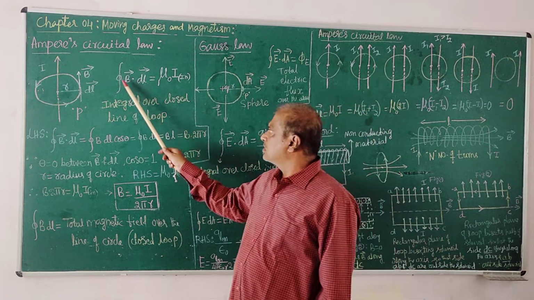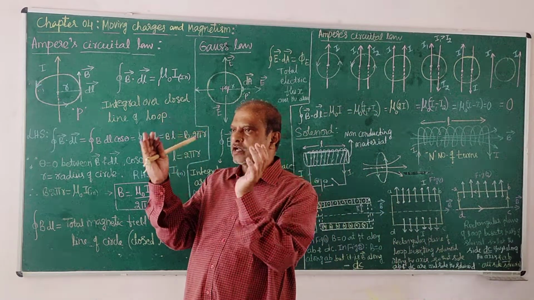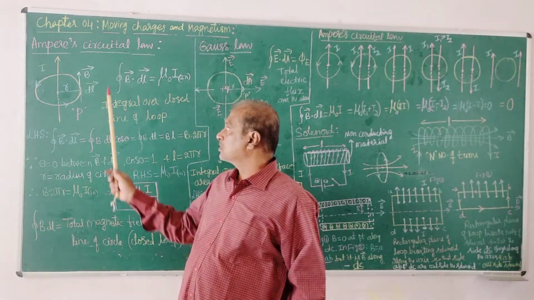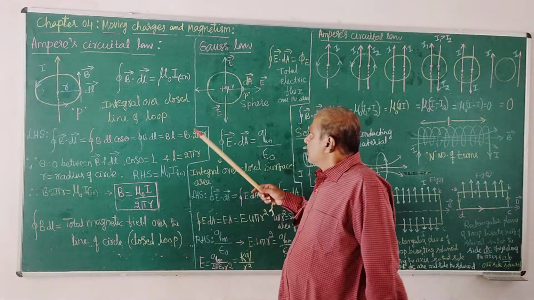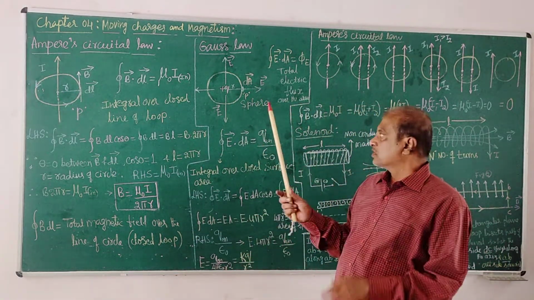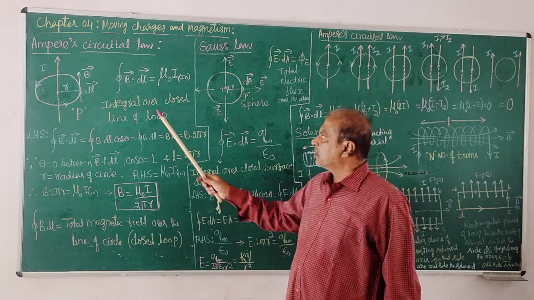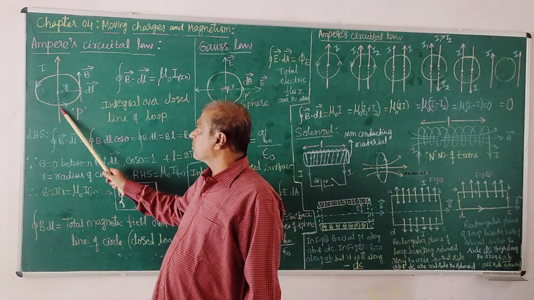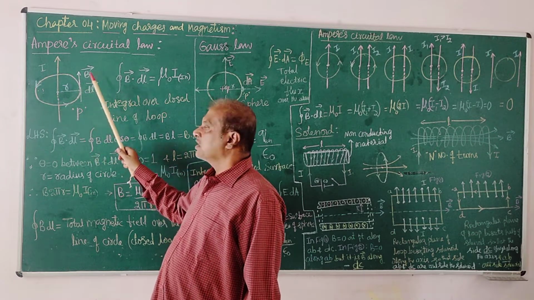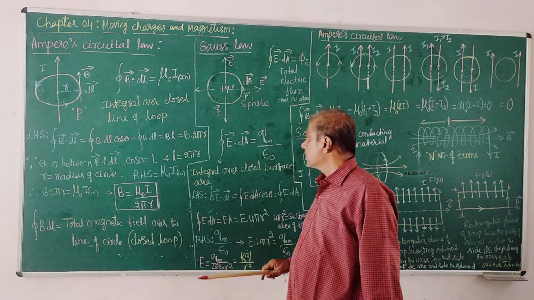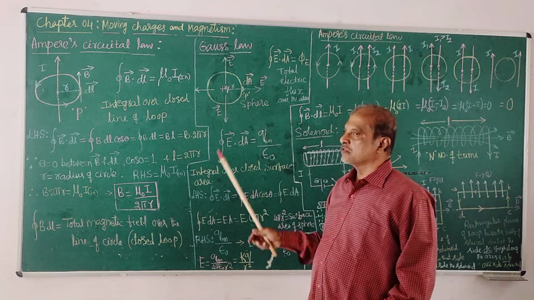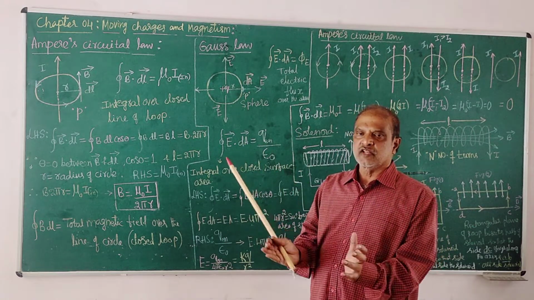This symbol, the closed line, suppose a circular line. Here, the closed surface. This represents the closed line along which the magnetic field is existing. Here, the closed surface, about which the electric field is existing.